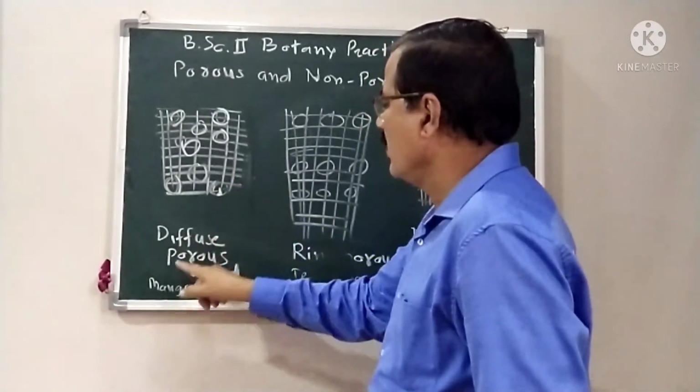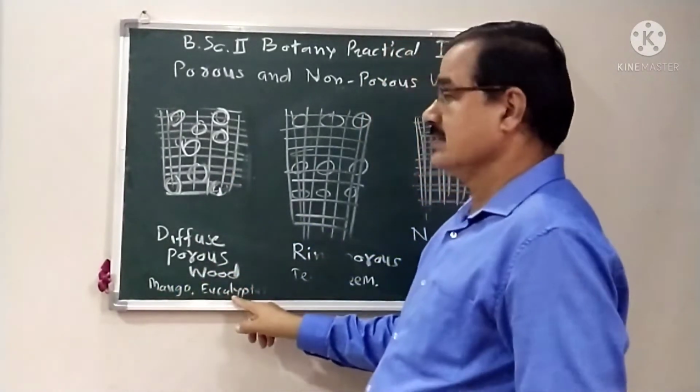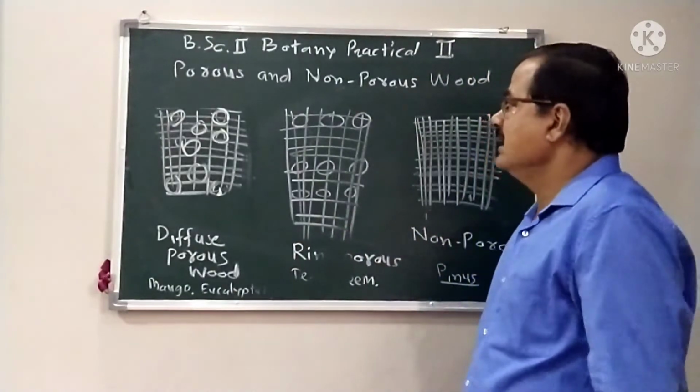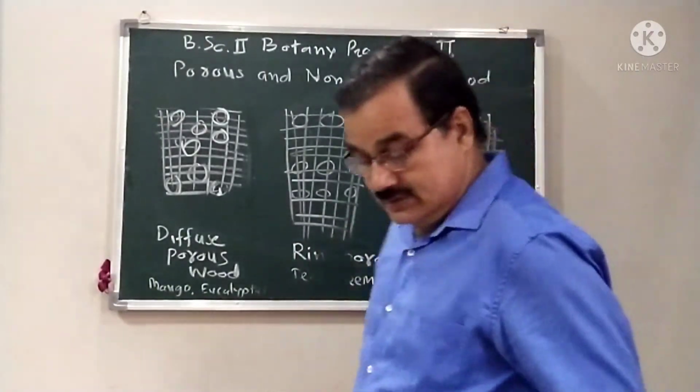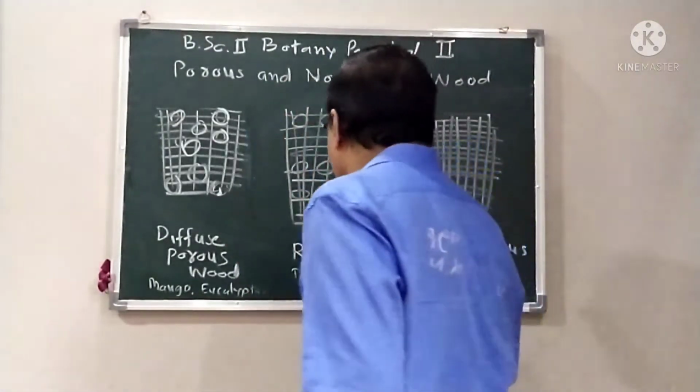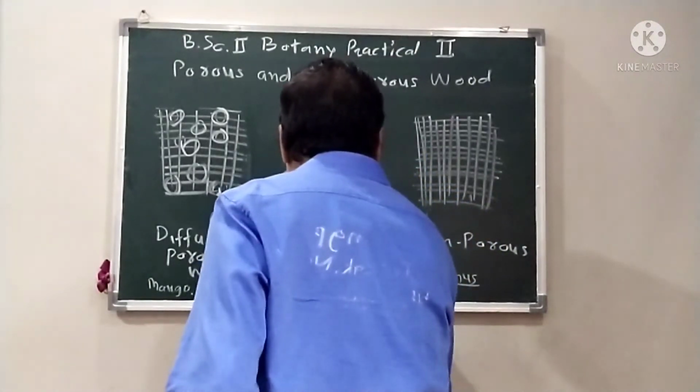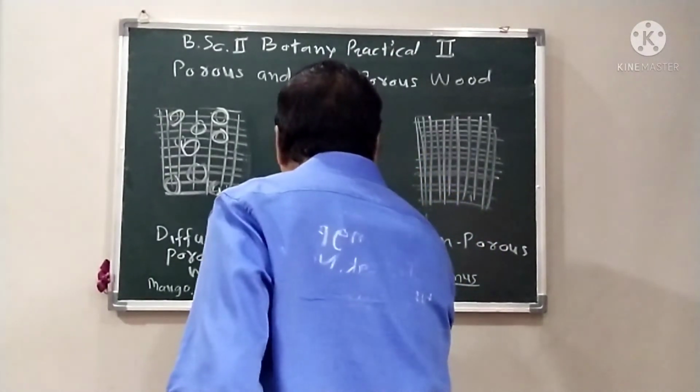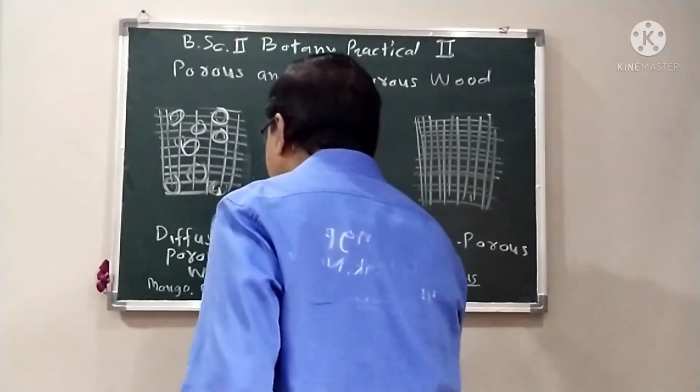Diffuse porous wood is found in mango and eucalyptus. Then the second one is known as ring porous wood.